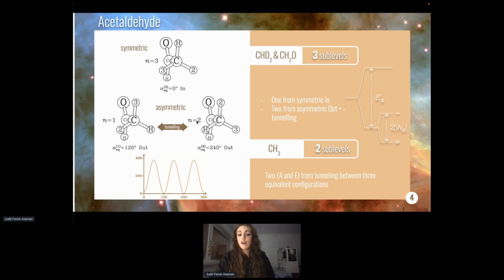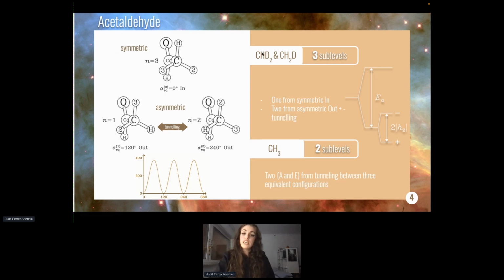As you can see, we have two isoenergetic forms of the asymmetric acetaldehyde, and what happens is that these two configurations can tunnel amongst each other. What this tunneling does is to split the ground torsional level, and this can be seen in the spectra as closely spaced lines.